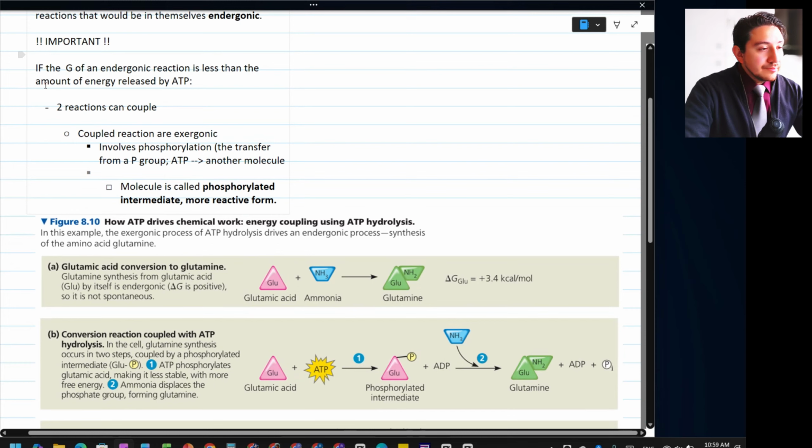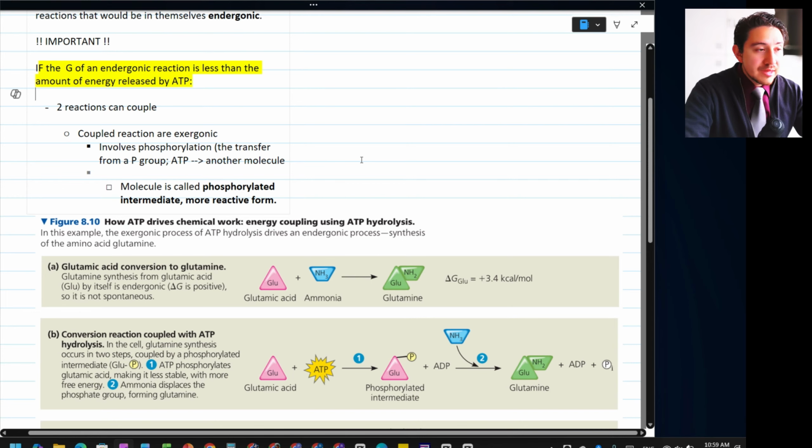There's a couple of things that happen. So if the delta G, remember, the free energy of the endergonic reaction, is less than the amount of energy released by ATP, I'm going to highlight this for you guys, then two reactions can couple together.